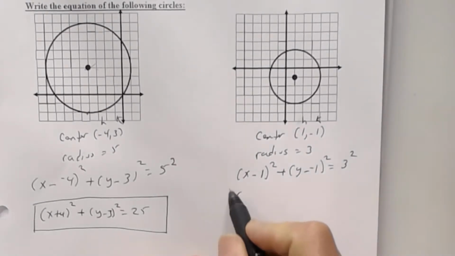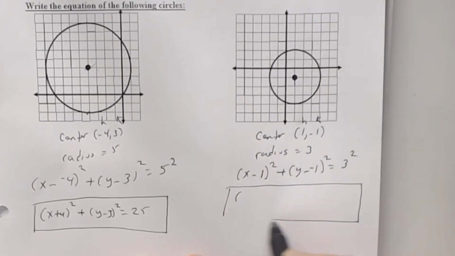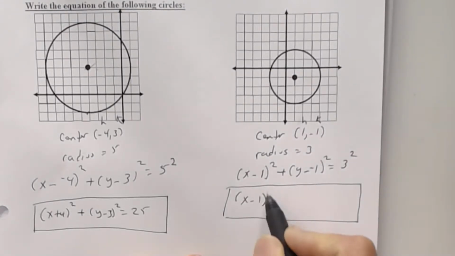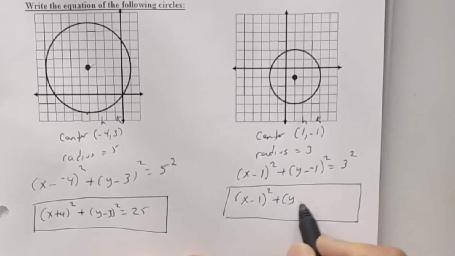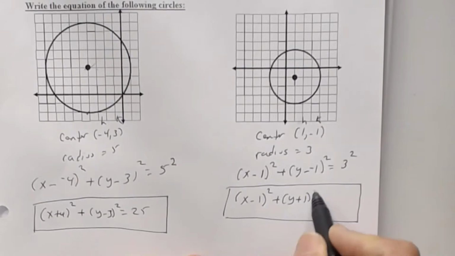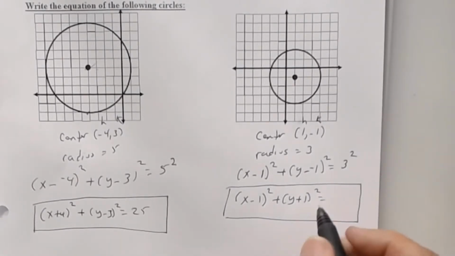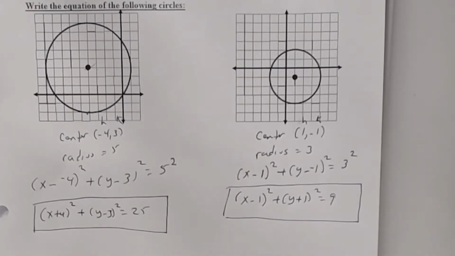In terms of the answer, I'm going to get (x - 1)² + (y + 1)² = 9, because 3 times 3 is 9. Now, if the radius was the square root of 100, which is 10, that's what you would put. You would put 10 there.